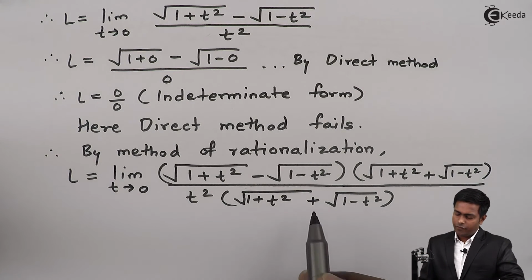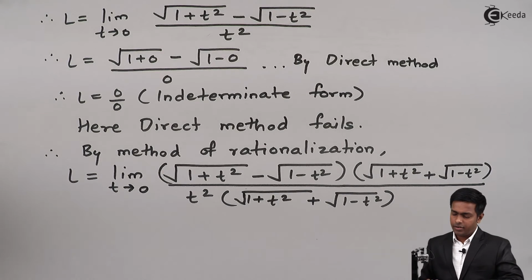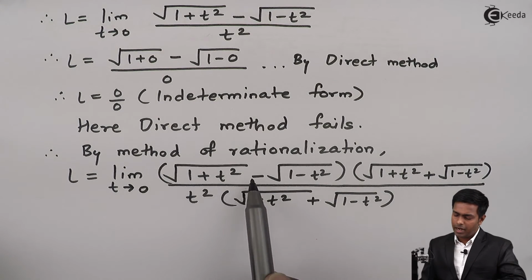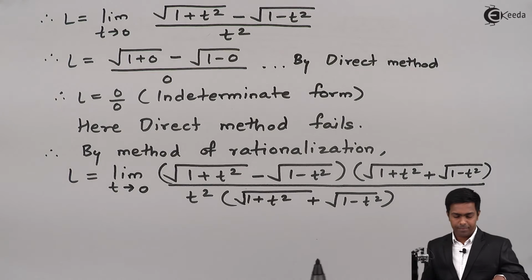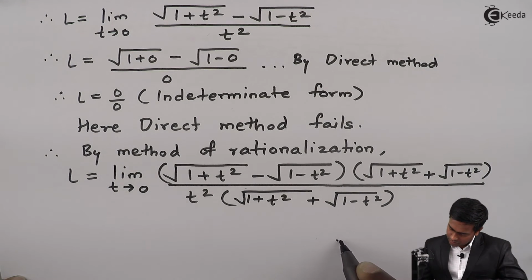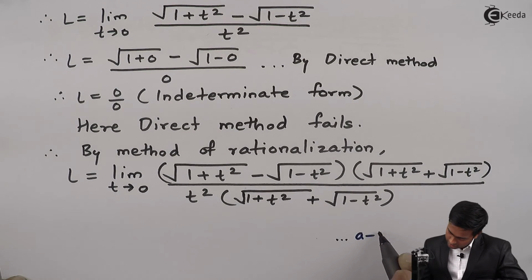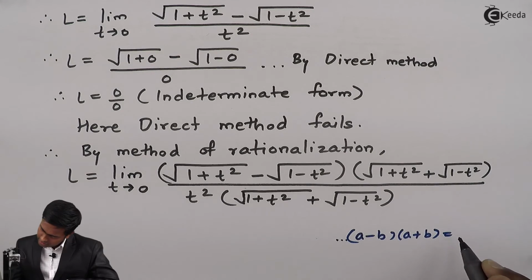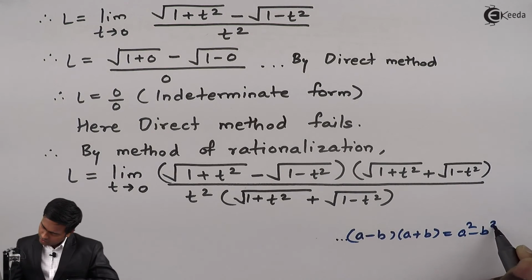After this, if you observe the numerator, we have the form a minus b and a plus b. So here we can apply the formula: a minus b into a plus b is a square minus b square.